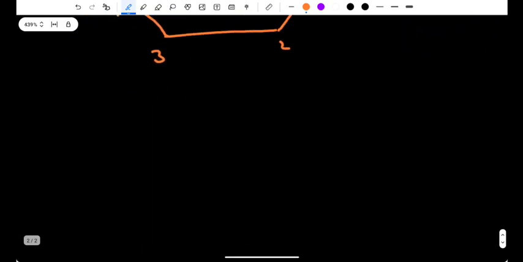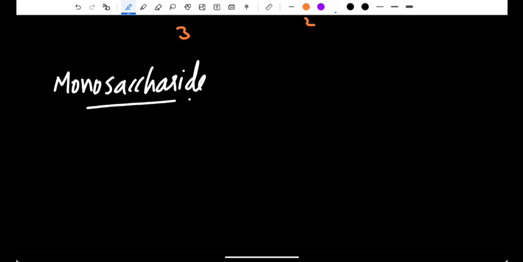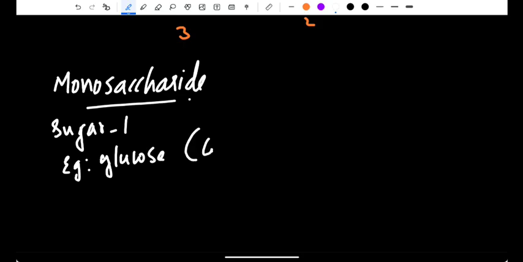Now let us discuss one example. Monosaccharide. First we will discuss one monosaccharide. So monosaccharide, how many sugar? 1 sugar. If you take one example, glucose. What will be the formula?